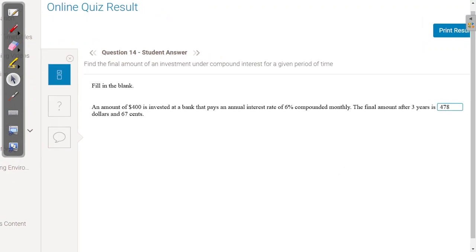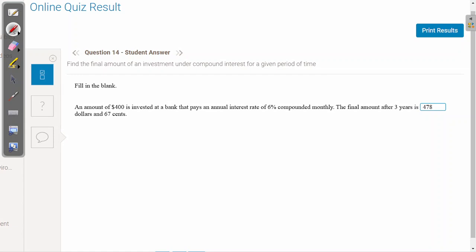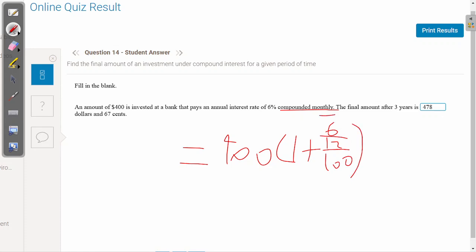An amount of $400 is invested at a bank that pays an annual interest rate of 6% compounded monthly. The final amount after 3 years is what? Okay, this is the same thing, but there is a small change. So you do the same rule. It will be equal to 400 times 1 plus 6 over 12 over 100, because it's compounded monthly.